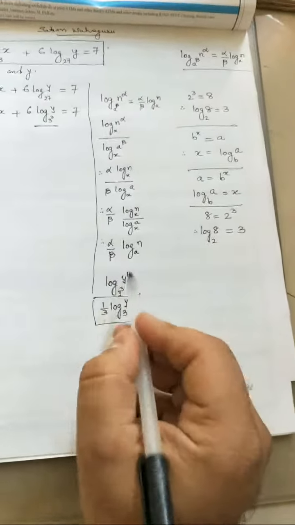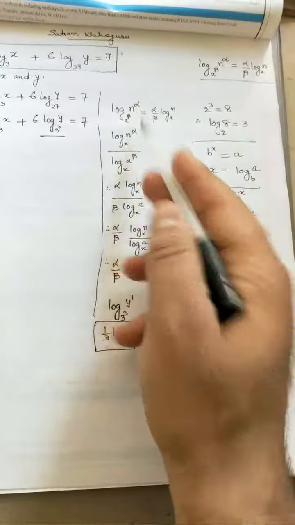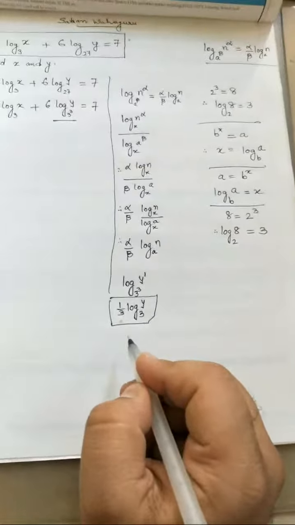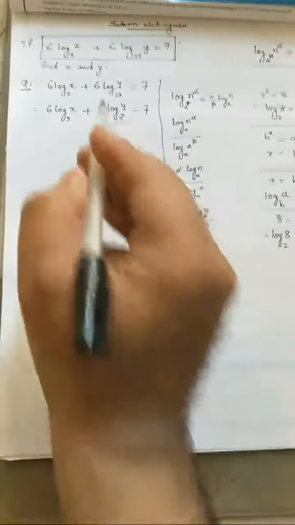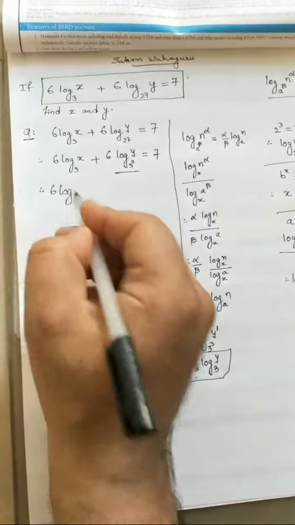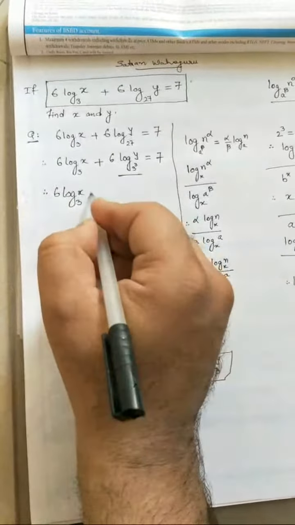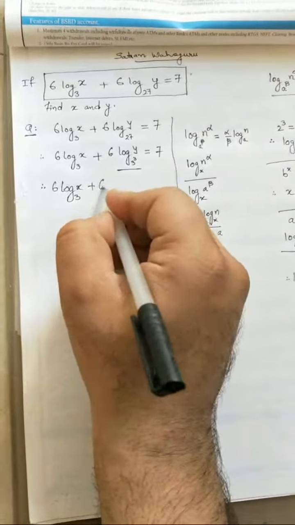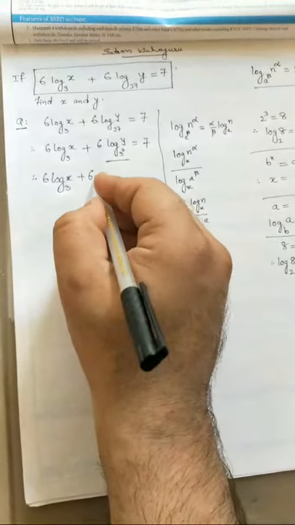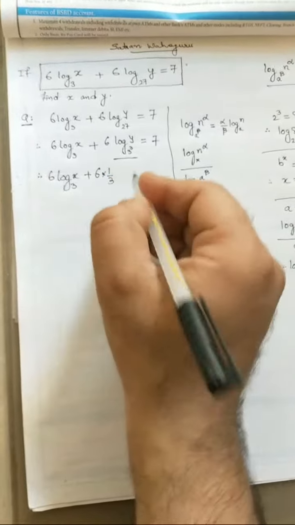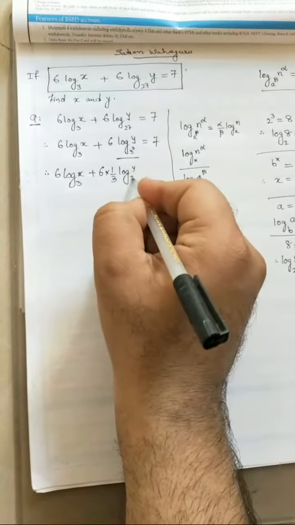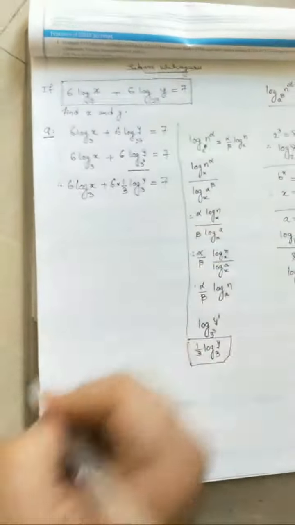Okay. So this term, by comparing with this result, we get 1 by 3 log y to the base 3. Okay. So we'll put this here. 6 log x to the base 3 plus 6 times 1 by 3 log y to the base 3 is equal to 7.